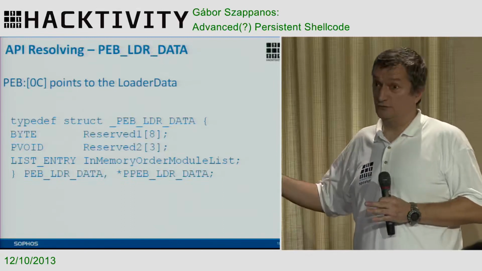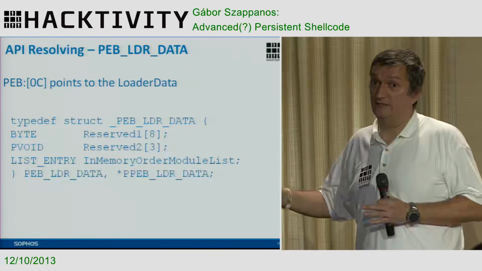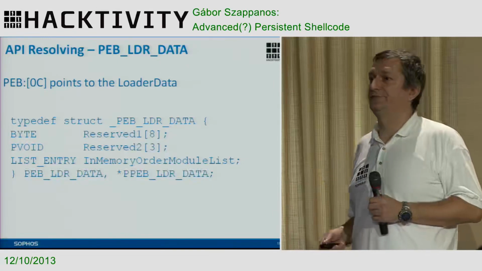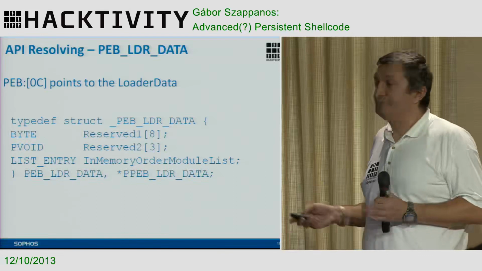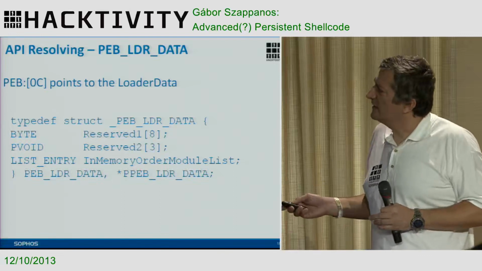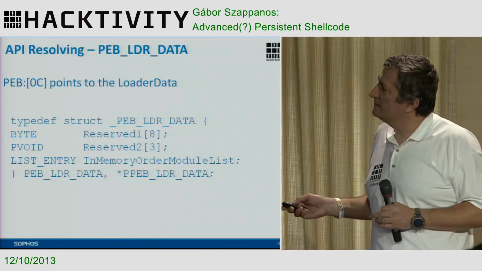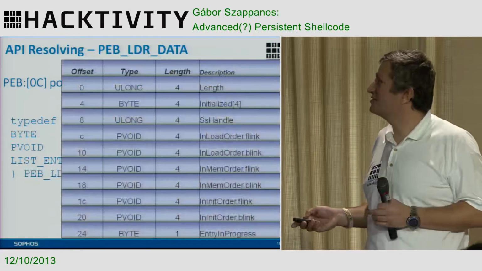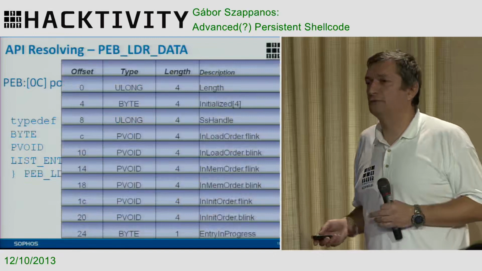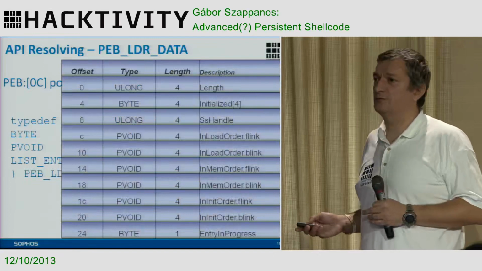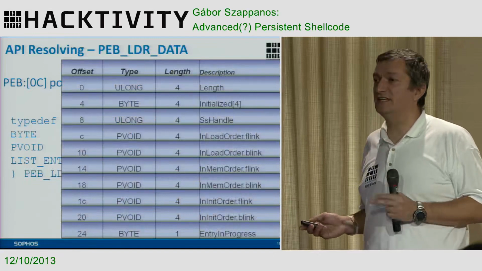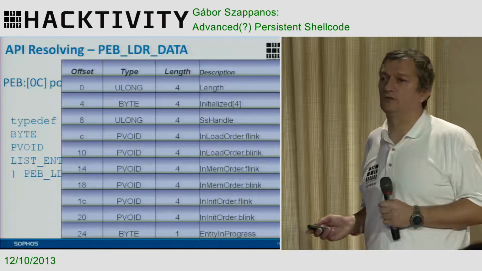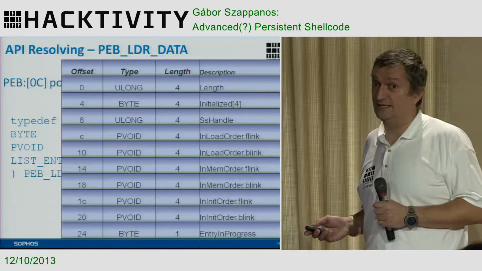We need to walk through this list to the particular DLL file we need for its export, and that's it. Now, again, it is sort of a reserved field in this structure. If you go to other sources of information, it turns out that there are actually 3 linked lists of the loaded DLLs.